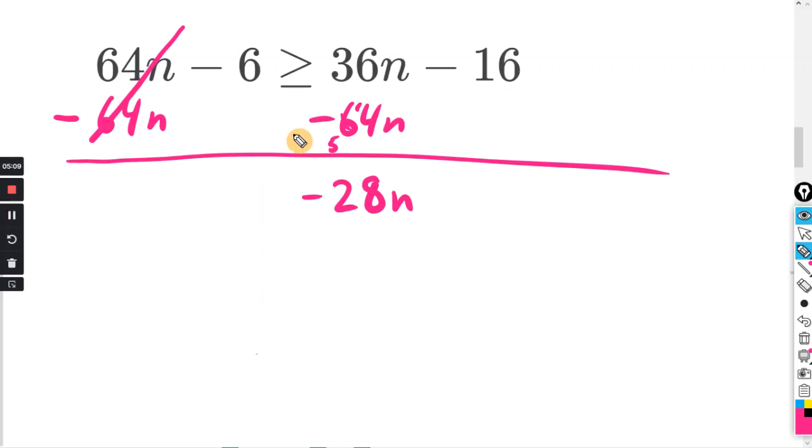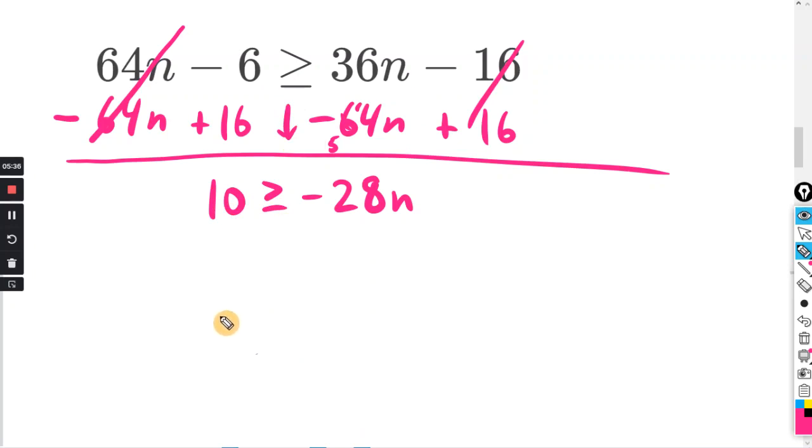Since the variables are on the right, I want to get the constant terms on the other side. Opposite of negative 16 is positive 16. 16 minus 16 cancels. Negative 6 plus 16 is positive 10. We did not divide or multiply by a negative, so I'm just going to bring down the sign as is.